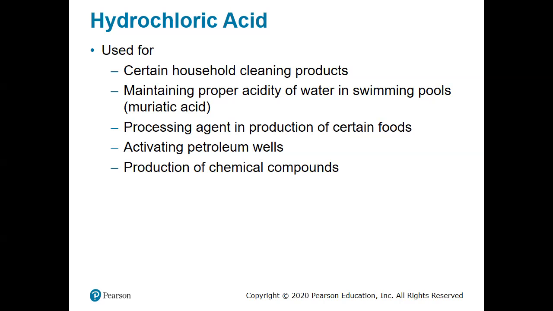Hydrochloric acid can also be known by a common name, muriatic acid. Muriatic acid can be used for maintaining proper acidity and pH in pools. Where we see it most often is actually in toilet bowl cleaners and other household cleaning products.